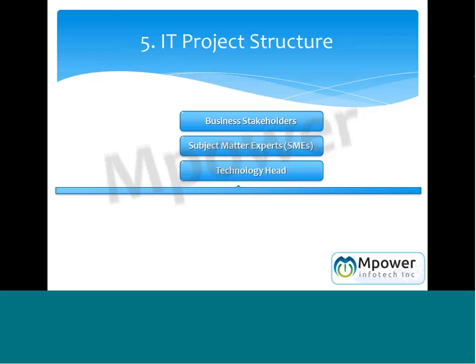So the technology head in this context is responsible for automating the business process. The technology head will be communicating with the subject matter experts, understand all the IT technical needs from the business perspective, and it's his job to have these IT projects implemented and the solution implemented.